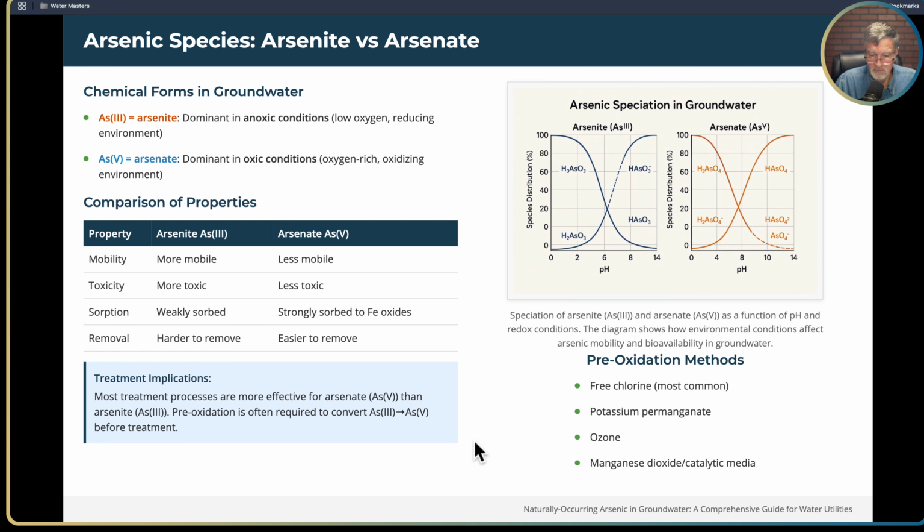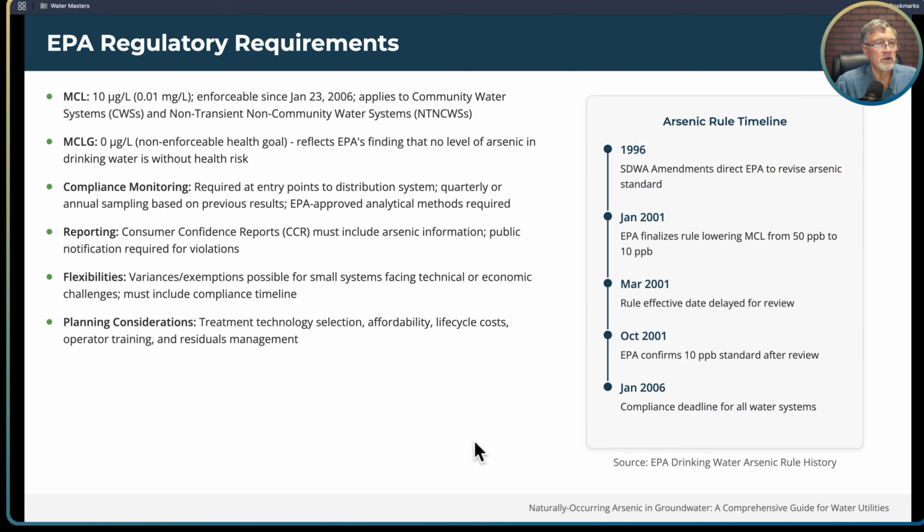All right, so EPA regulatory requirements. There's the timeline here on the right hand side. Just note that in 2006, the rules were finalized that moved it from 50 to 10 parts per billion, and that's where it is today.